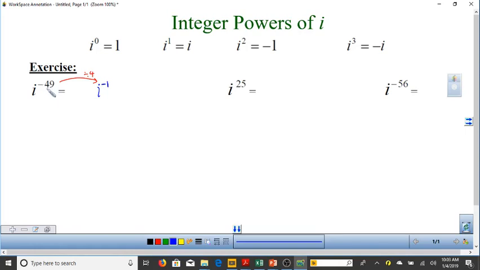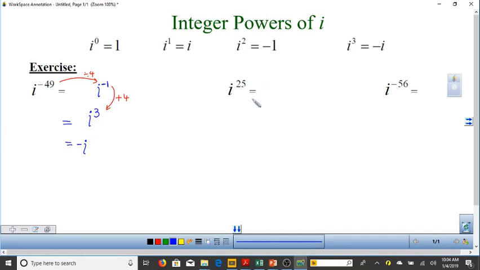But since the initial exponent is negative, we're going to write that remainder as -1. Now, since the exponent is a negative remainder, we will add 4 to that remainder. When you add 4 to -1, you will get +3. And of course, i to the 3 is -i. So the simplified version of i to the -49 is -i.